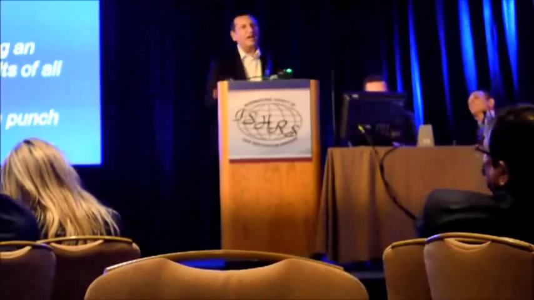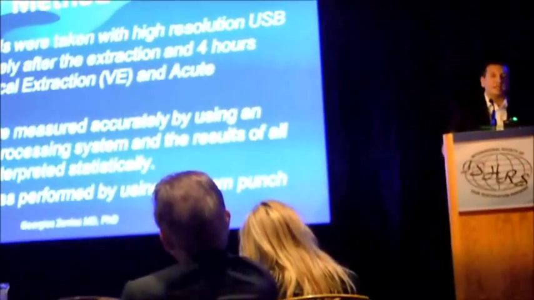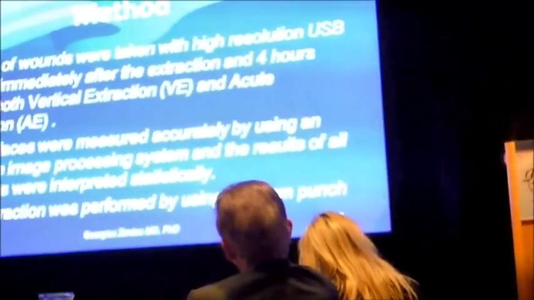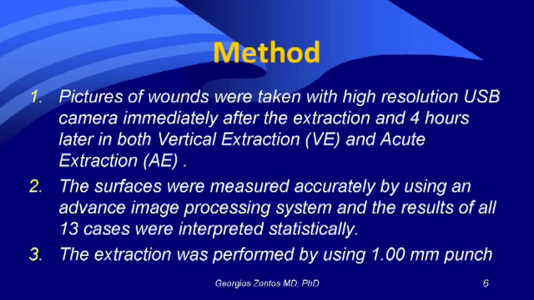The methodology behind this is based on digital pictures taken of the wound in both acute and vertical extraction, immediately and 4 hours later. An appropriate image processing system was used to accurately measure the dimensions of the wounds caused by a 1 mm punch and statistically interpret the data from 13 patients.